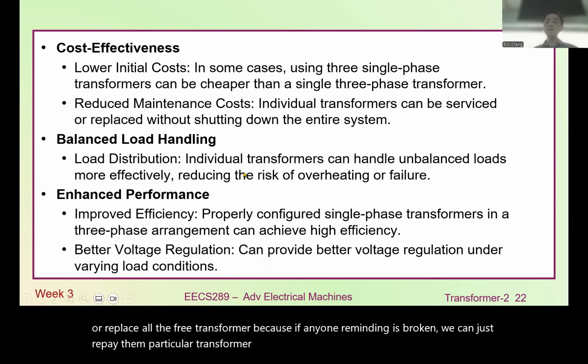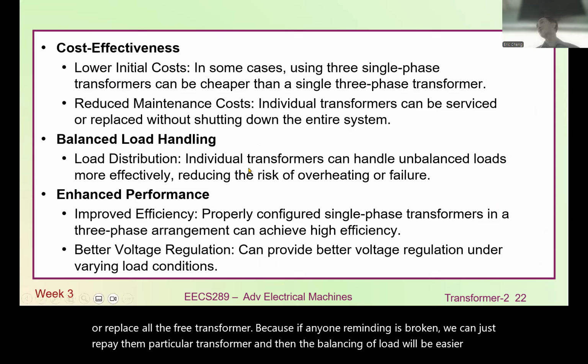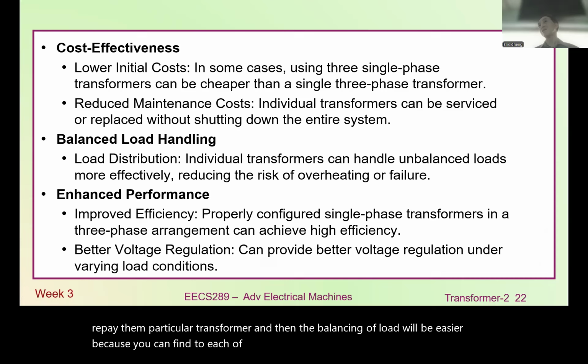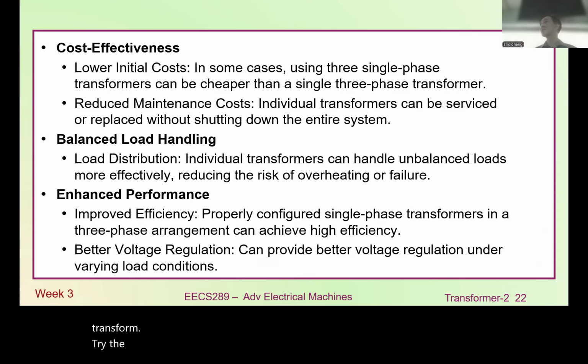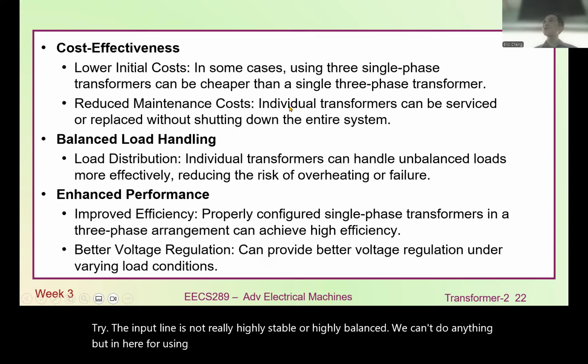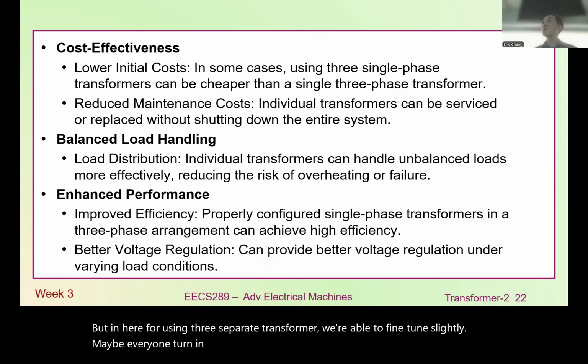And balancing the load is easier because you can fine-tune each phase carefully. With a three-phase transformer, sometimes the input line is not highly balanced and we can't do anything. But with three separate transformers, we're able to fine-tune slightly, maybe add one turn in a certain phase in order to adjust the voltage properly.